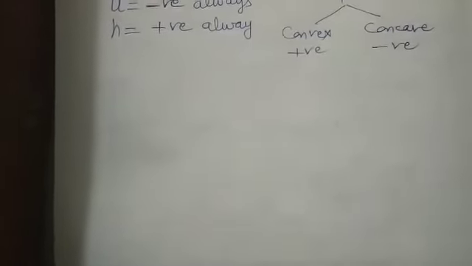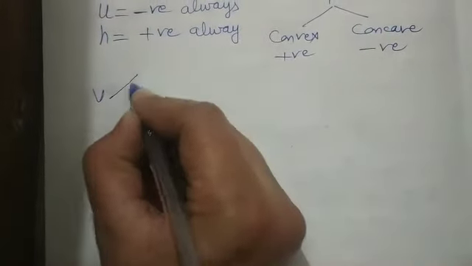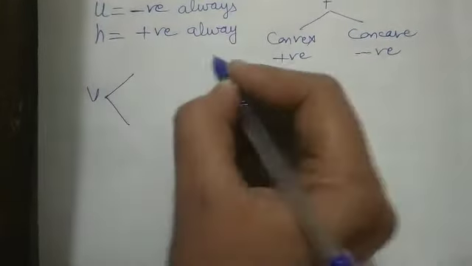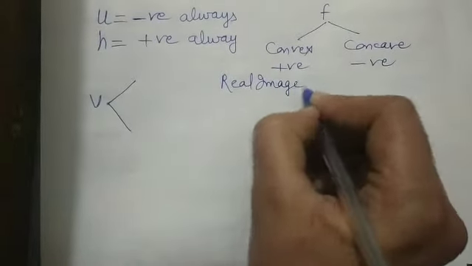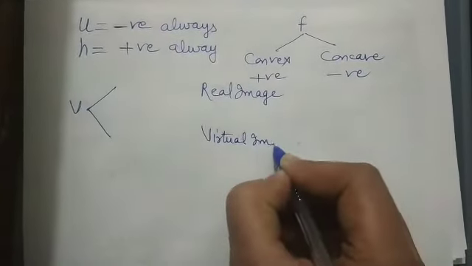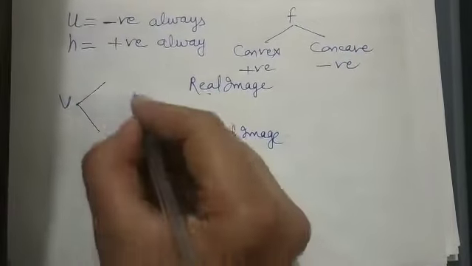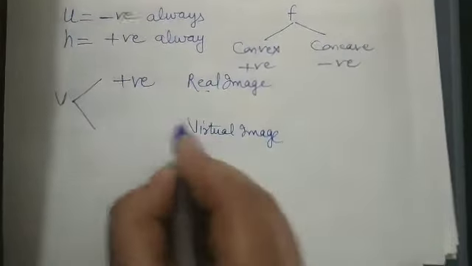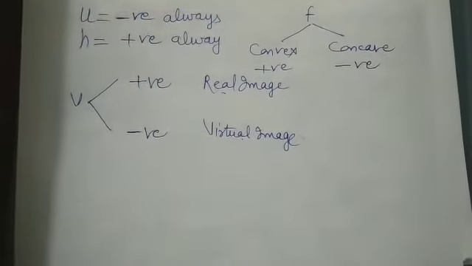Now, what about V? V is image distance. If the image is real, that is formed along the right hand side, it will be positive, and virtual, on the same side as the object, it will be negative.